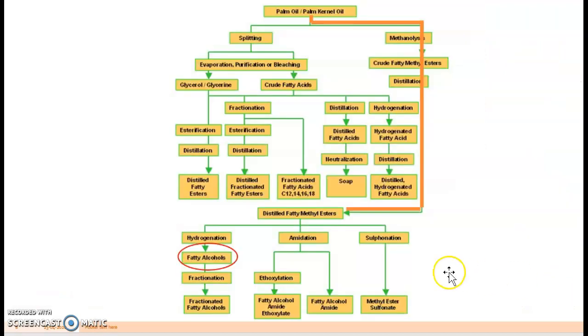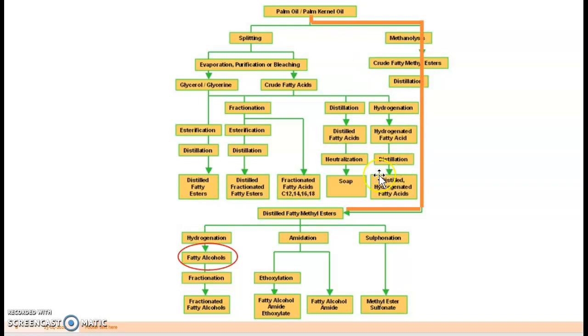Okay, this is the view of all products of the oleochemicals. Here is the production of fatty alcohol. We can start from palm oil and fats, to fatty ester, and then distilled fatty ester, and go to hydrogenation, and we will obtain our fatty alcohols.